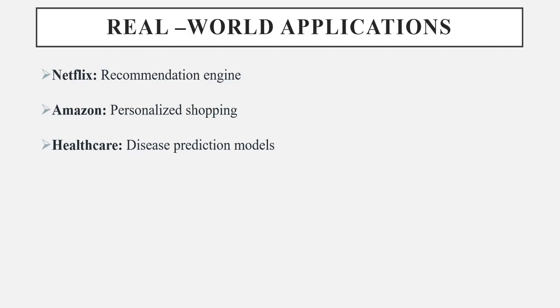That's why, in real-world applications, we see Netflix, Amazon, and healthcare using Amazon SageMaker. This is all about the theory part of Amazon SageMaker: what it is, why it's important, how it works in real-world applications, how it works with ML, and how to validate the models. So let's move to the demo and see how it works.